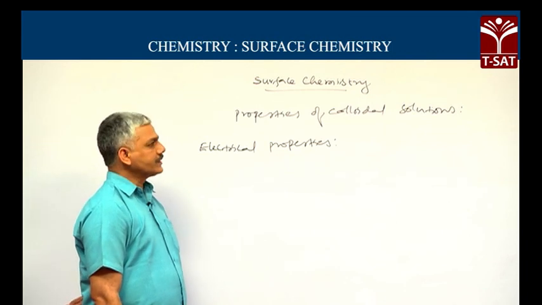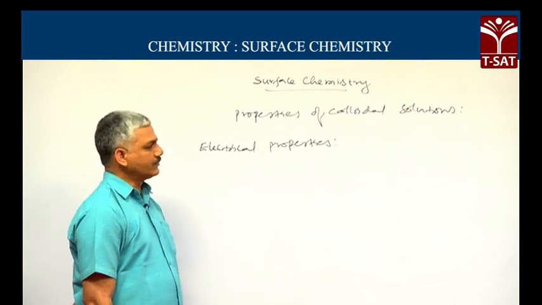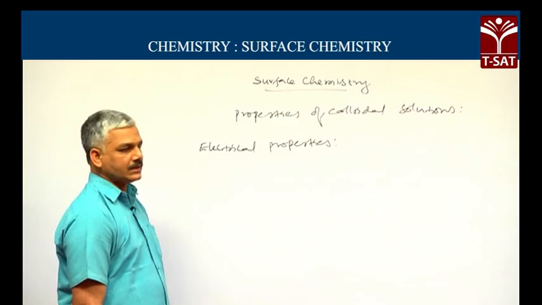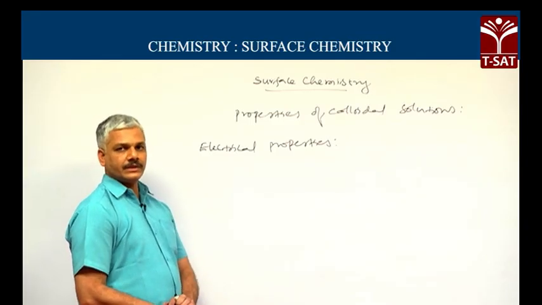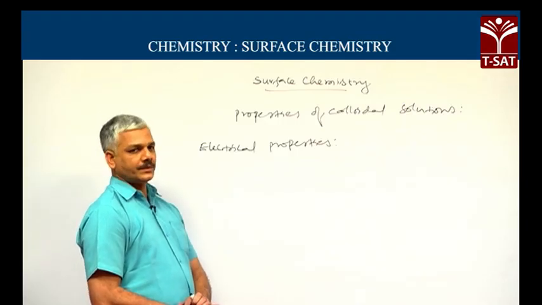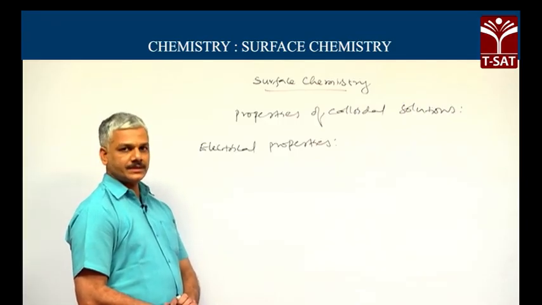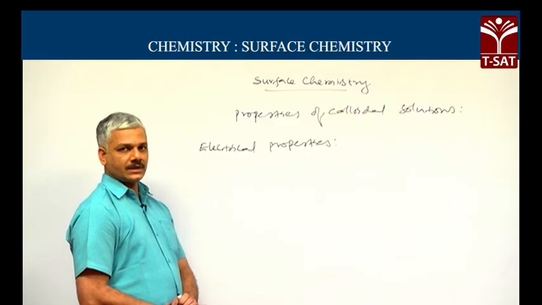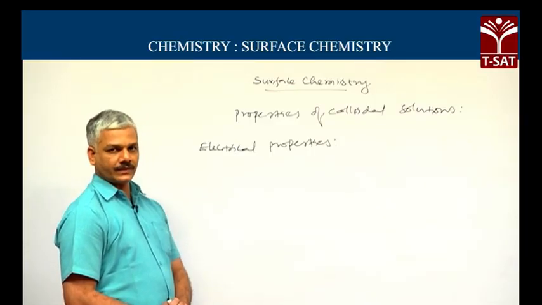Electrical properties of colloidal solutions. Most of the colloidal solutions will carry either of the charge, positive or negative. It is due to the nature of adsorption of specific type of ions on their surface.